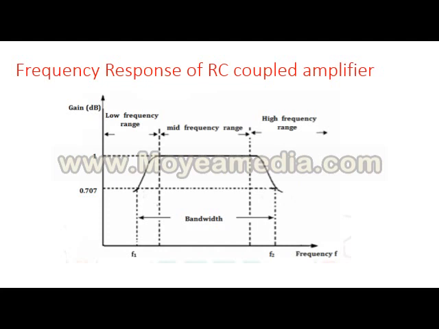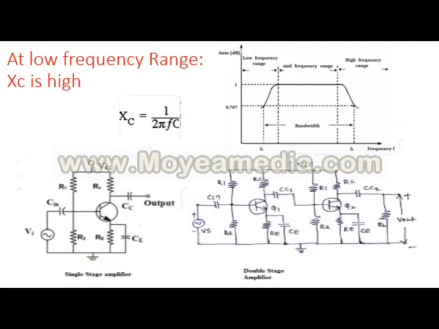Okay, let's see the reasons behind this. At low frequency range you have to remember the reactance of a capacitor, Xc is equal to 1 by 2 pi Fc. So during low frequencies the reactance is high.